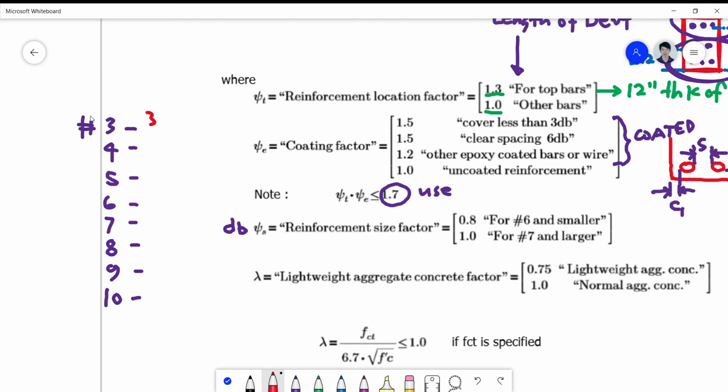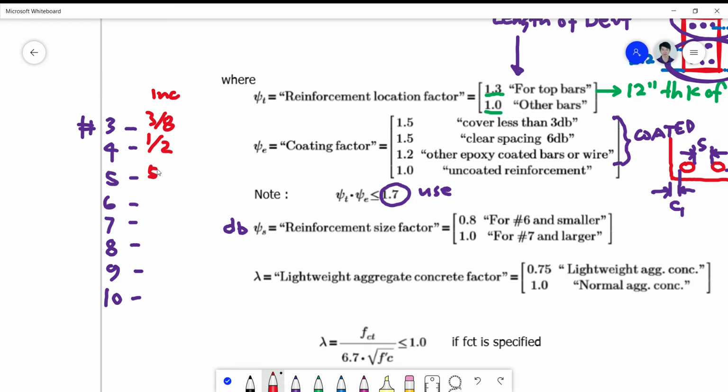This is in American Standard Unit. Number 3 means 3/8 inch, so this is in inch. Number 4 is 4/8, which is 1/2.